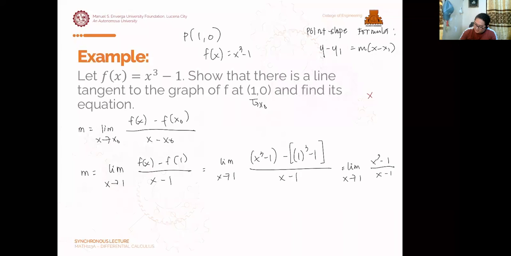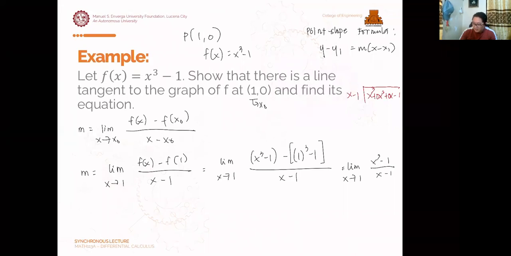So, we have x cubed minus 1. Edi, dapat i-represent mo yung x squared tsaka yung x tapos tsaka mo i-minus yung 1. Kailangan lahat ng corresponding variables na degree is kasama, no? Para pag nag-divide. So, x cubed plus 0x squared divide x minus 1.